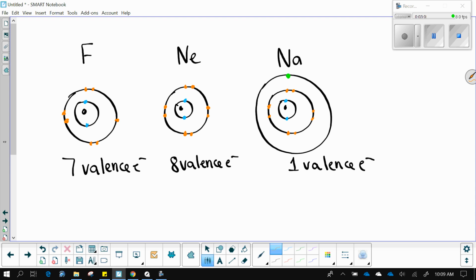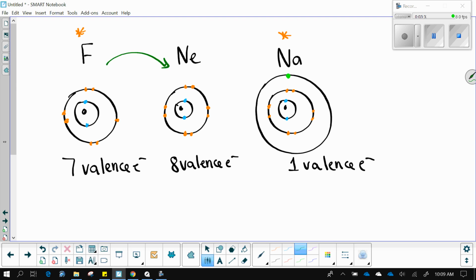And we know that fluorine is very reactive and sodium is very reactive, but neon is not. So the chemists of long, long ago said, I wonder why this is. How can we explain why fluorine is so reactive and sodium is so reactive, but neon is not? So we look to neon and say, what's the difference?